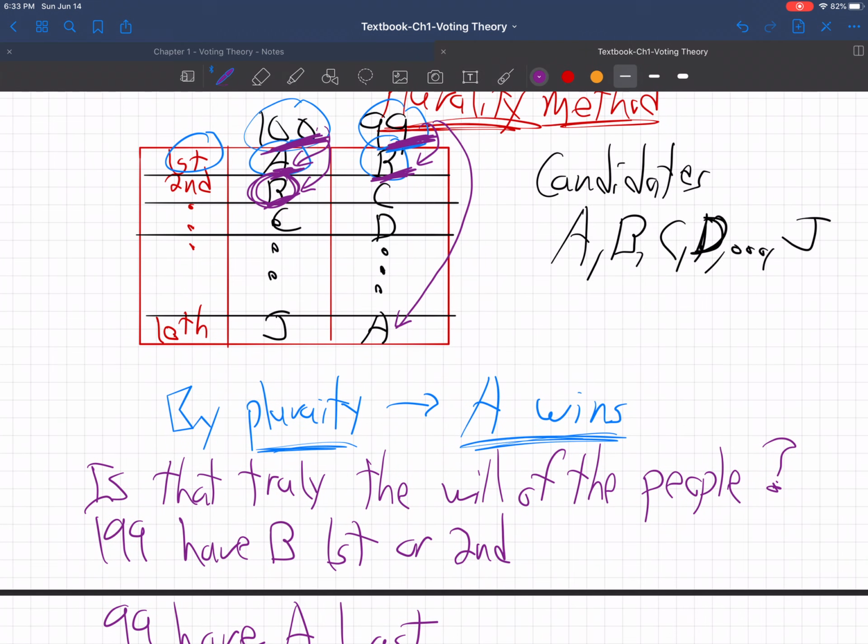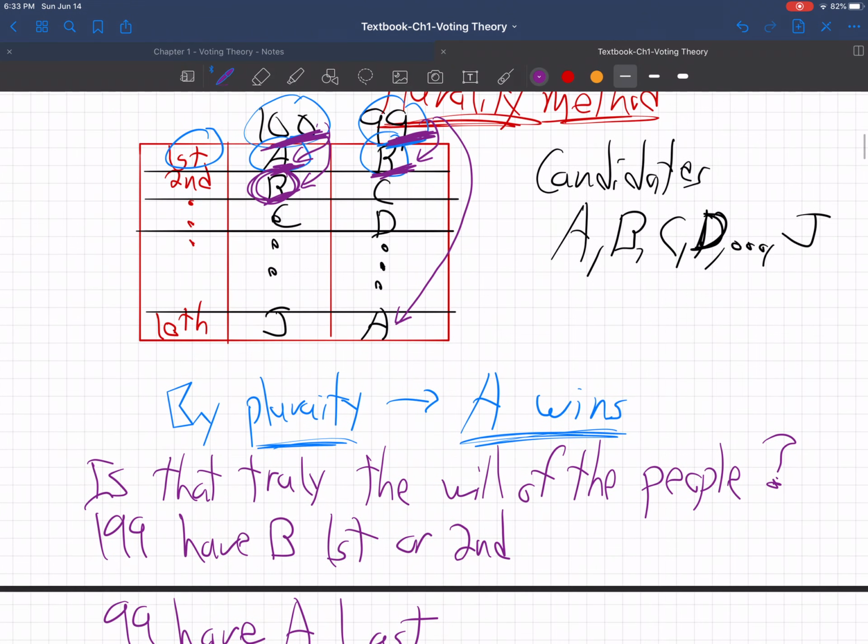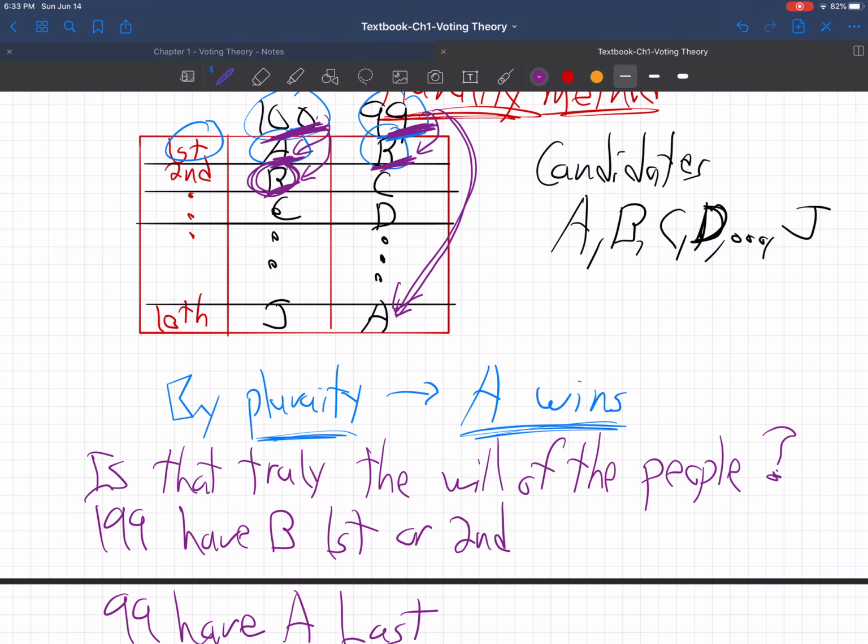So wouldn't we say that the people in this situation really like B better than A? Right? A only got one more first place vote than B. Only one more. That's barely. And then the other 99, they can't stand A. So wouldn't it be true to say that these 199 people, this crowd, they really like B better than A?